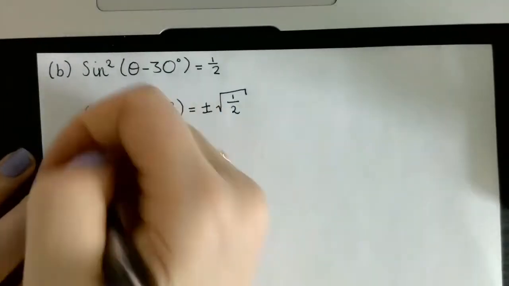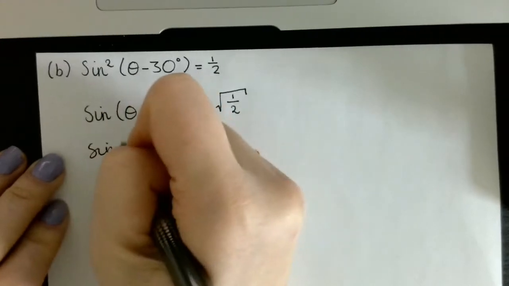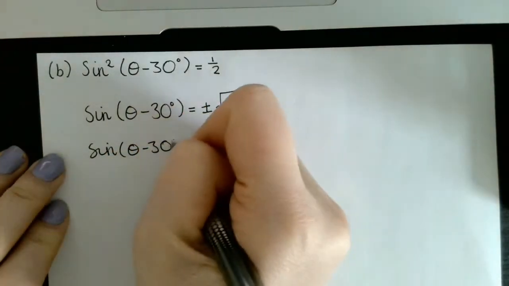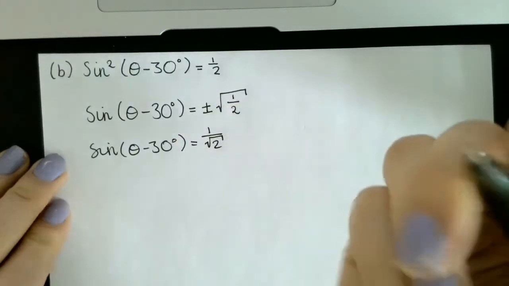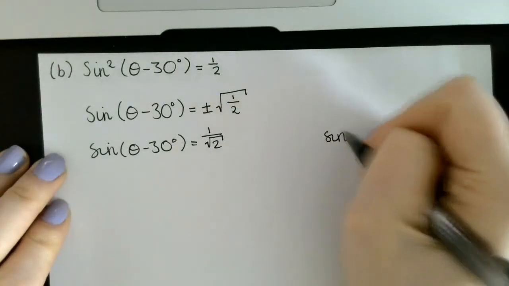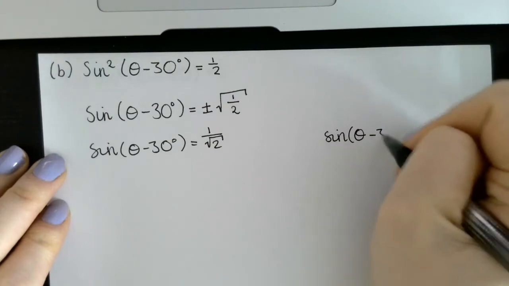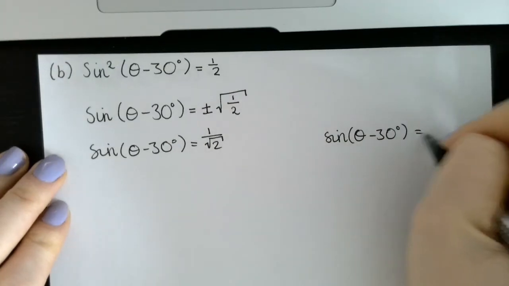So we've either got that sine of theta minus 30 degrees is equal to 1/√2, or sine of theta minus 30 degrees is equal to minus 1/√2.